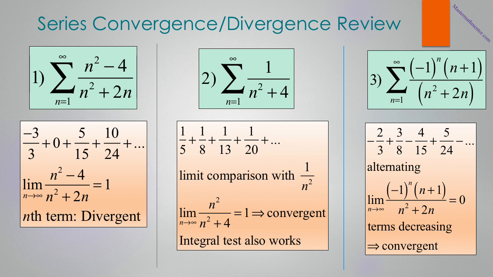So we start with the nth term test, looking at the limit as n approaches infinity of negative 1 to the n times n plus 1 over n squared plus 2n. And since this is bottom heavy, our answer to this is 0. Our terms are definitely decreasing, so therefore this is a convergent series.